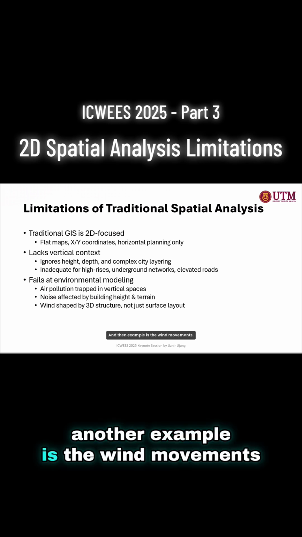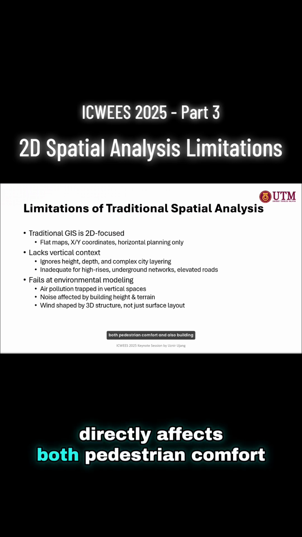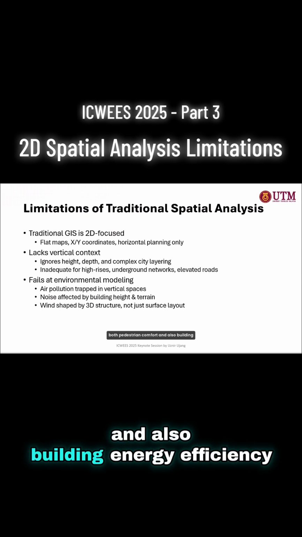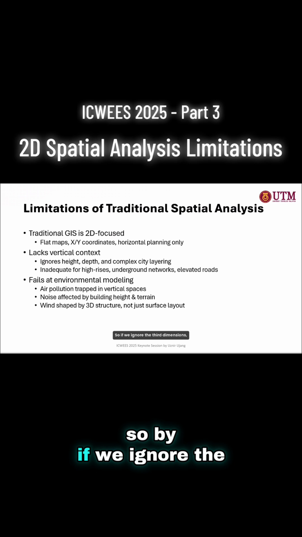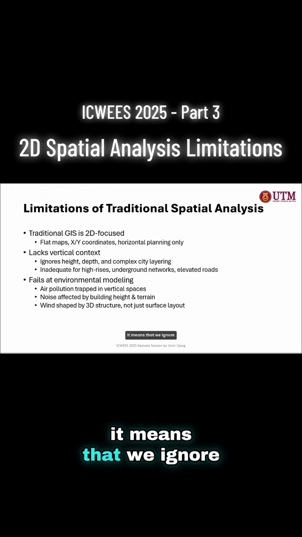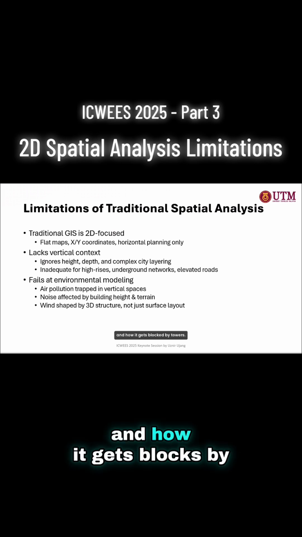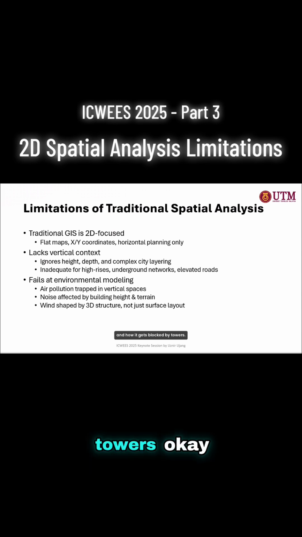Another example is wind movement, which directly affects both pedestrian comfort and also building energy efficiency. If we ignore the third dimension, it means that we ignore how wind tunnels through narrow spaces and how it gets blocked by towers.